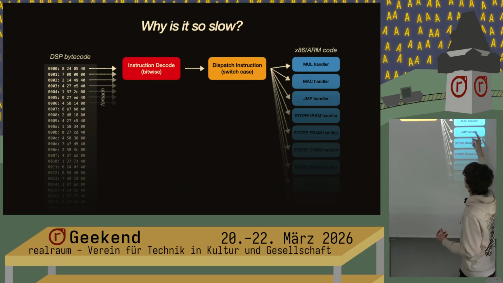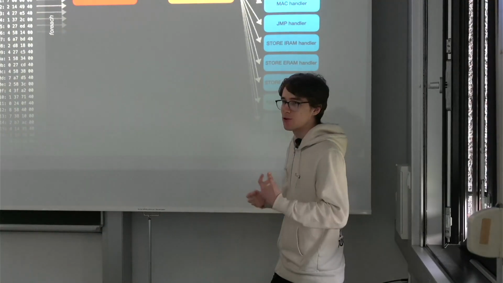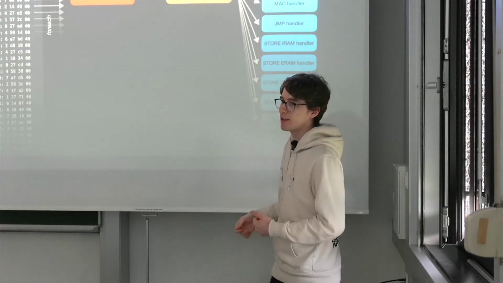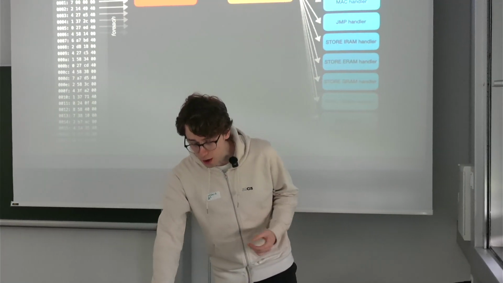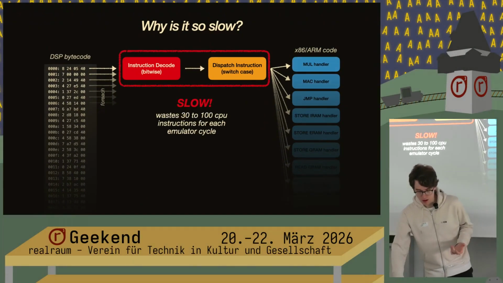One for load, one for store, one for multiply, one for jump, and so on. And that's the naive way to build an emulator, which works, but it's really slow.